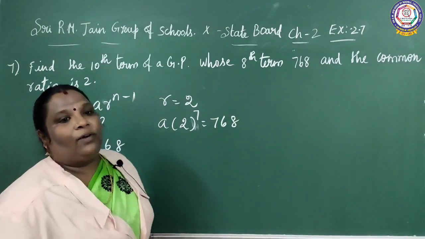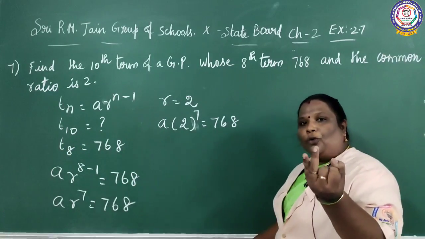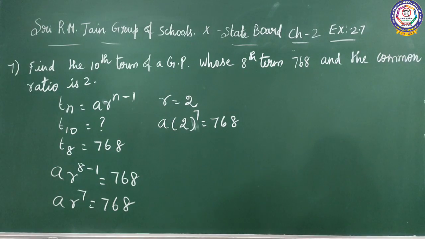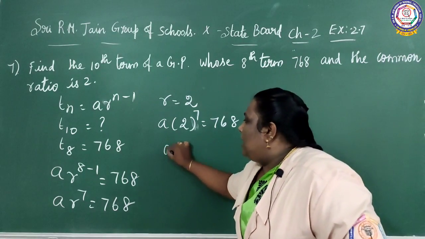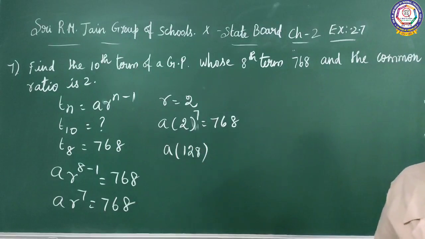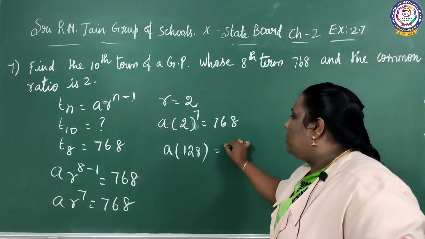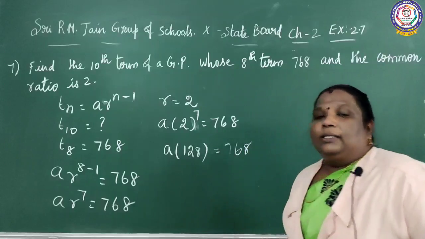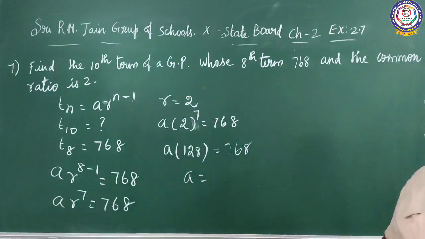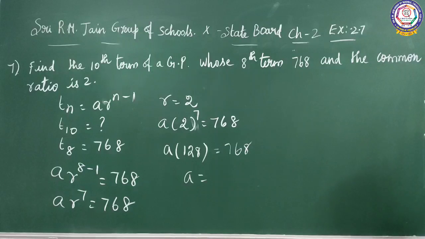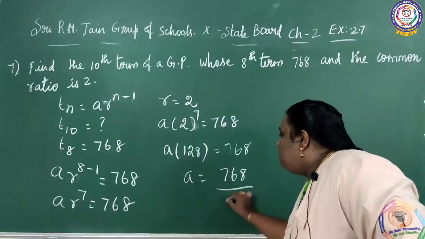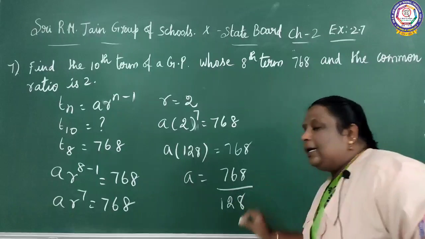768. What is the value of 2 power 7? 2, 4, 8, 16, 32, 64, 128. So a into 128 equals 768. So a equals 768 by 128.